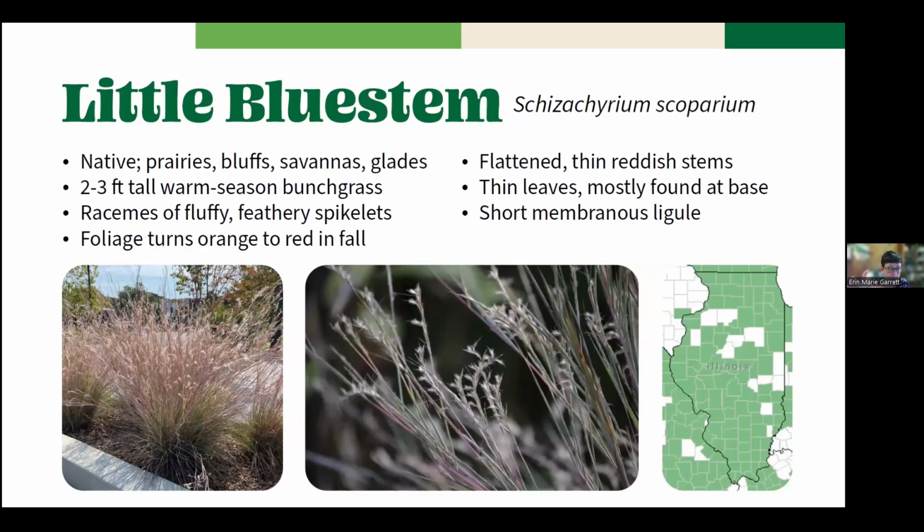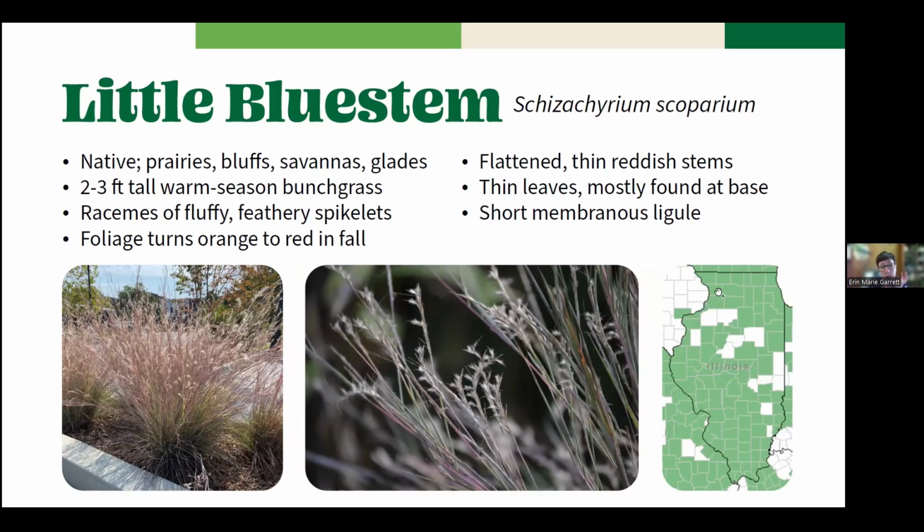We're going to move to little bluestem now. Now, little blue is in a different genus, Schizachyrium, than the broomsedge and the big blue, and can be confused very easily with broomsedge. If you're in some of the northern counties in Illinois, though, you're likely going to find little blue, right?